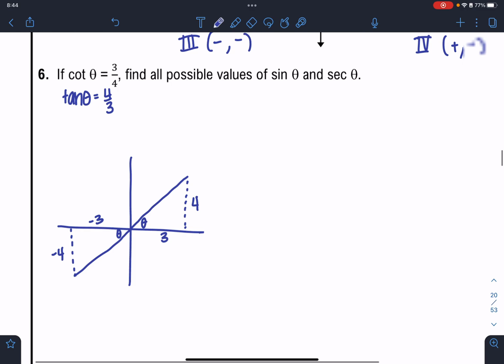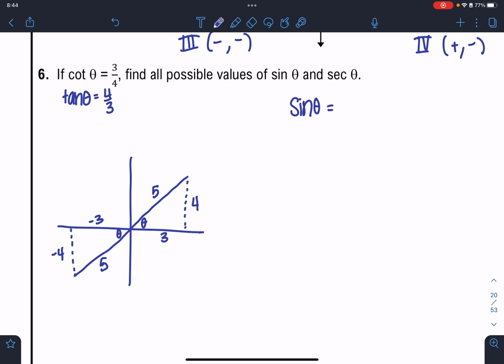So if I now want to find all possible values of sine theta, well, I do need to find the hypotenuse here, but again, this is a 3, 4, 5 triangle, so this is going to be 5.